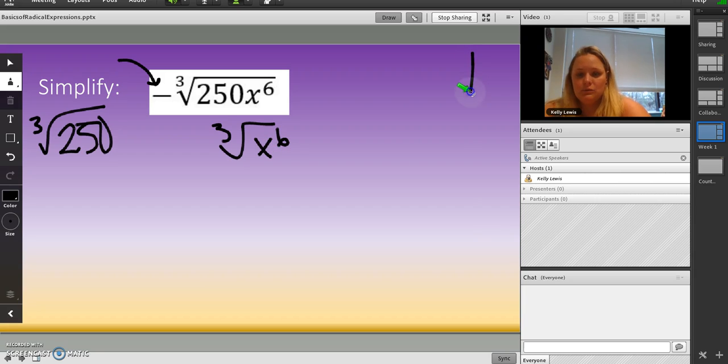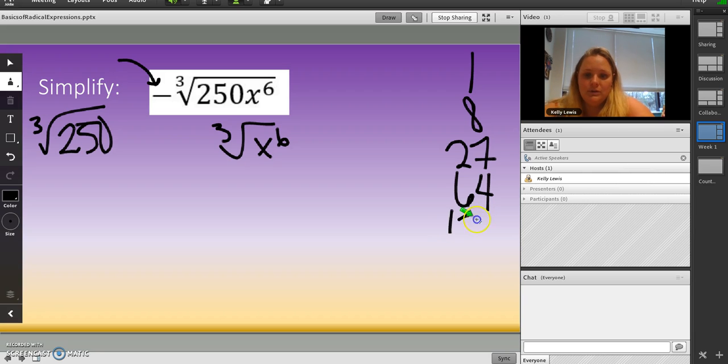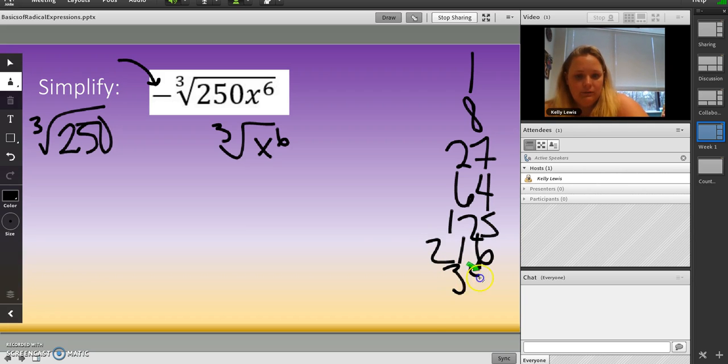Then 1 times 1 times 1 is 1. 2 cubed is 8. 3 cubed, 27. 4 cubed, or 5 cubed, 6 cubed, 216, 7 cubed, 343, 8 cubed, 512.